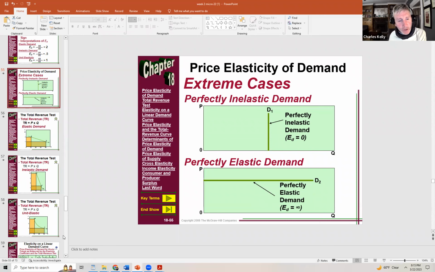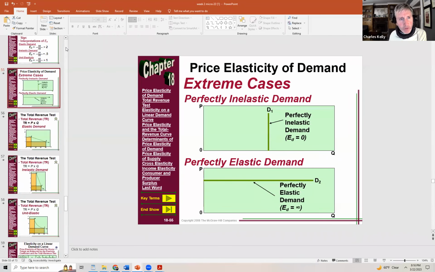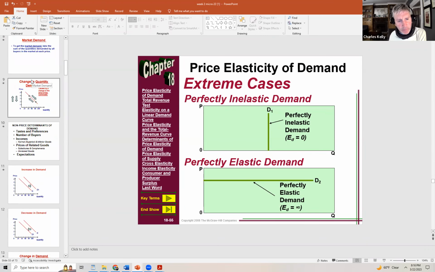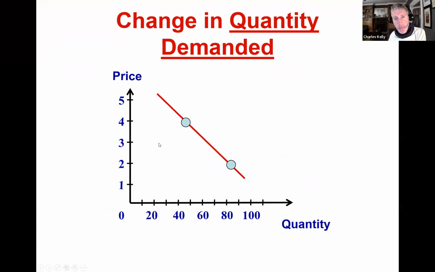Now, last observation. Generally speaking, your typical downward sloping demand curve, right? So if we just go back up to pretty much where we started for the evening, when we talk about your typical downward sloping demand curve, this portion of the demand curve tends to be highly elastic. And then as we move down to the lower portion of the demand curve, this tends to be highly inelastic.